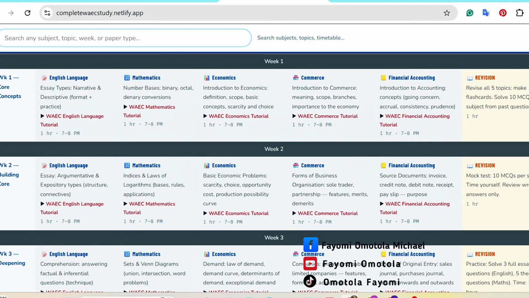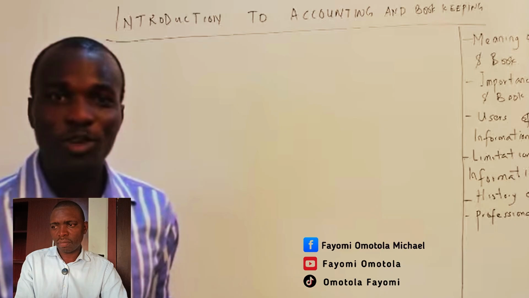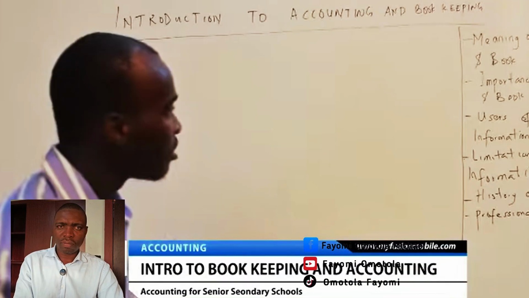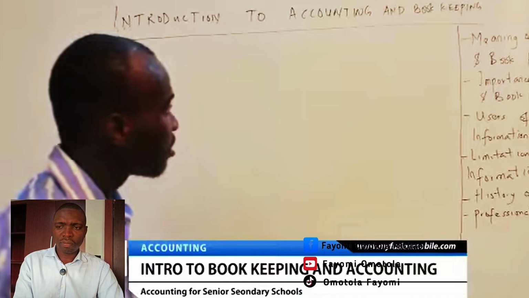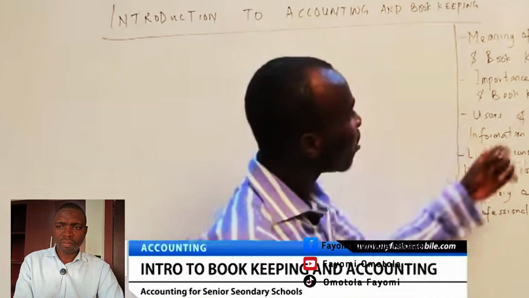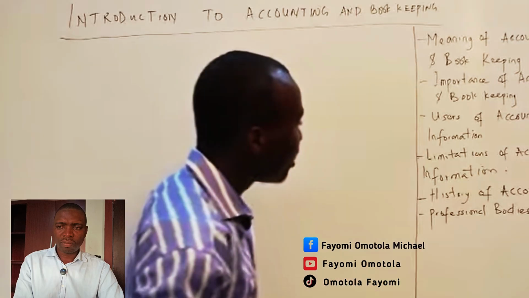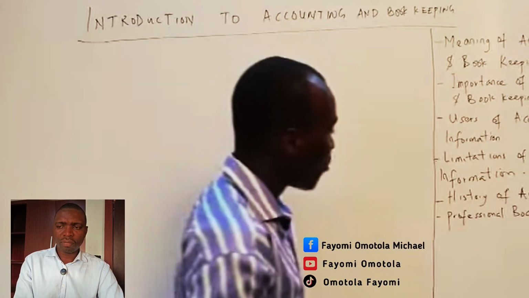What of financial accounting on that particular week? So let's click on it. I'm the accounting tutor. So in this lab, we'll be treating introduction to accounting and bookkeeping. This is the course outline: meaning of accounting and bookkeeping, importance of accounting and bookkeeping, uses of accounting information, limitation of accounting information, history of accounting, professional bodies.